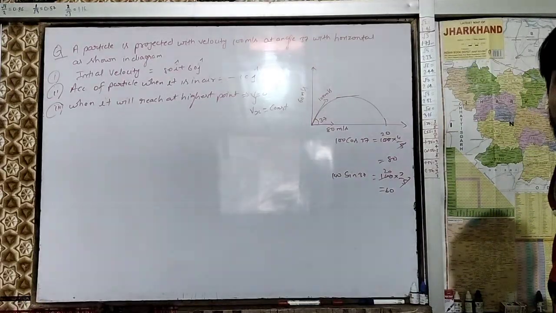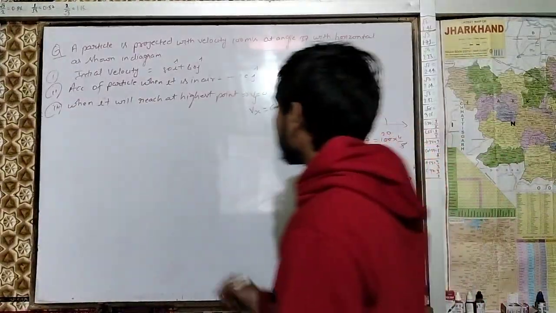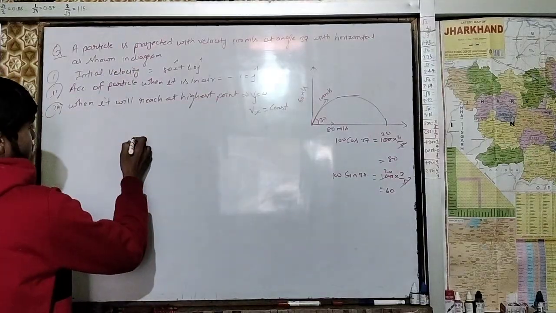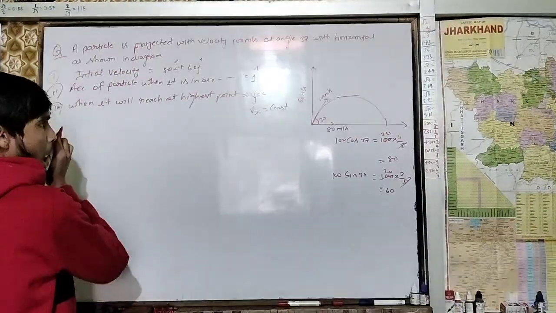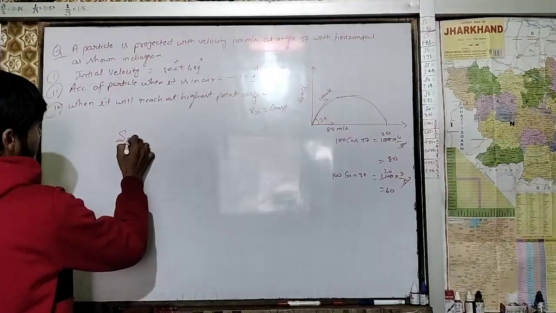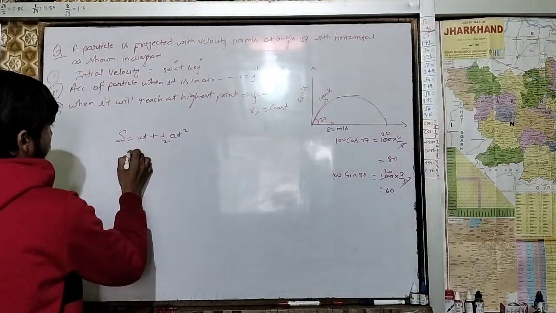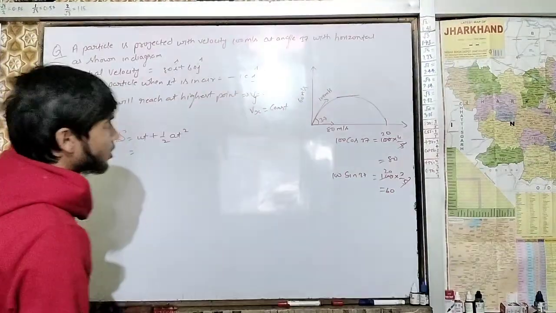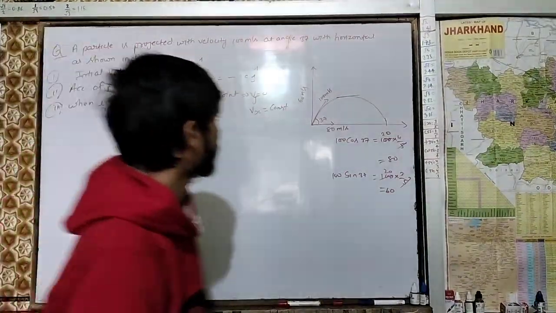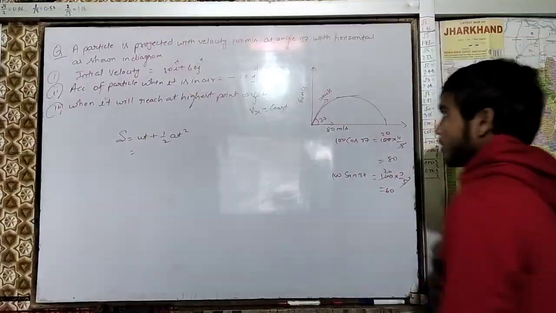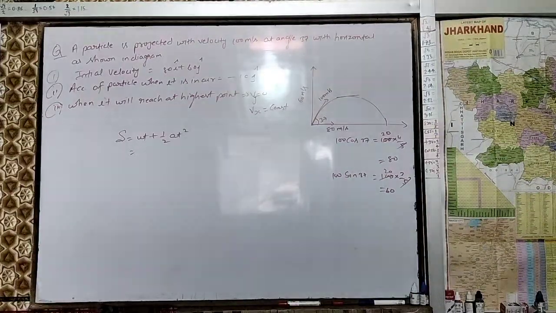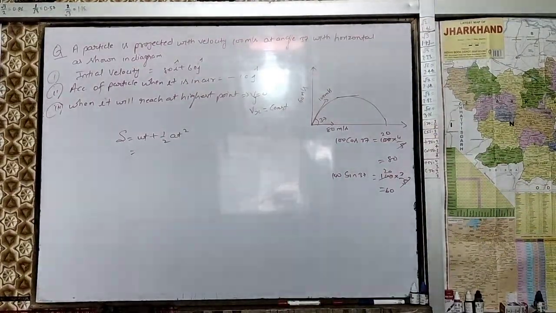When it comes to displacement, we say S is equal to ut plus half at square, where u is given, but t is not given.